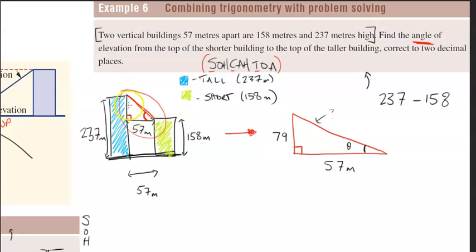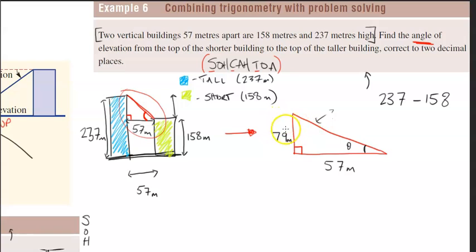This length here is 79, because this length is also the same as here. That's also 79, and 79 plus 158 gives me 237. So this length here is 79 meters, and voila, we have at least two lengths, and we're going to try to find this angle.